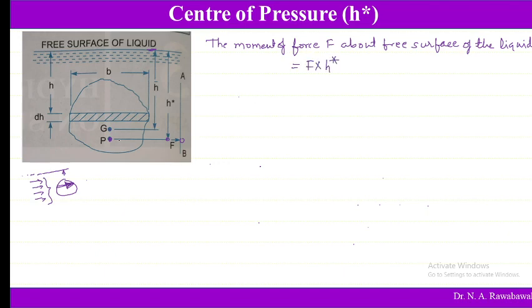Here the total force is acting at point P, and this point P is at a distance of H star from the free surface. We call this equation number 1.